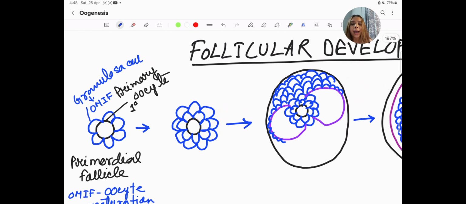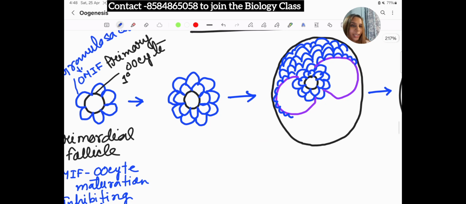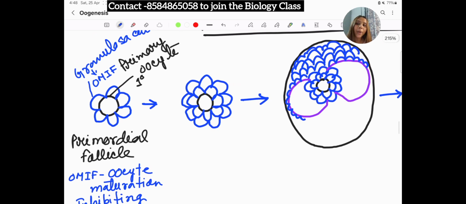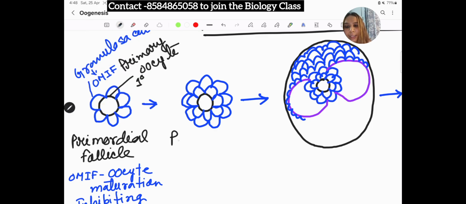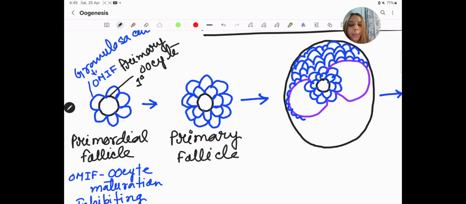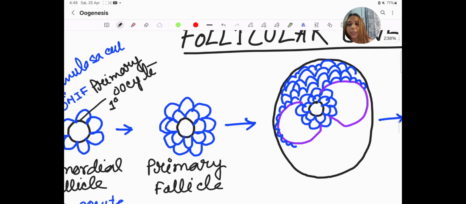Then we come to the next level of development. In the next phase, the primordial follicle becomes the primary follicle. In this primary follicle, the oocyte is the same as the primary oocyte, because there is no such development of it.